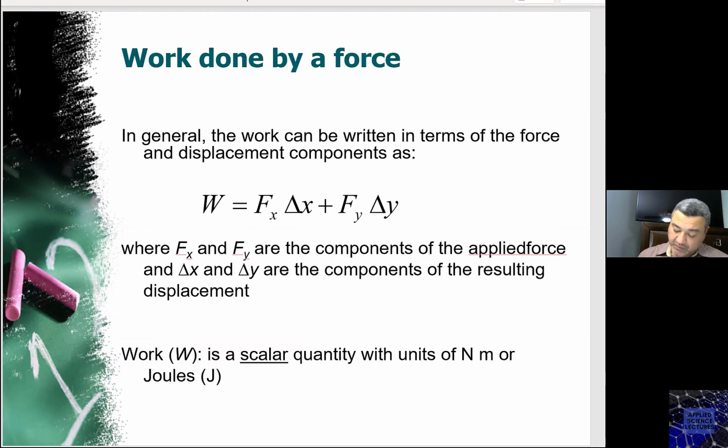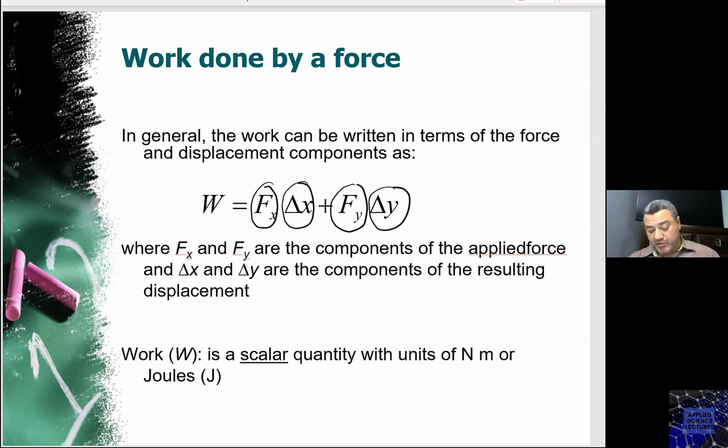In general, if I am to look at the components of those vectors in a standard coordinate system, I can look also at the components of the force and the components of the displacement.